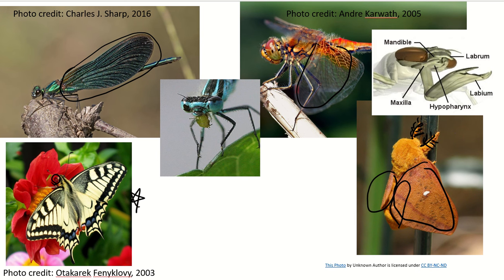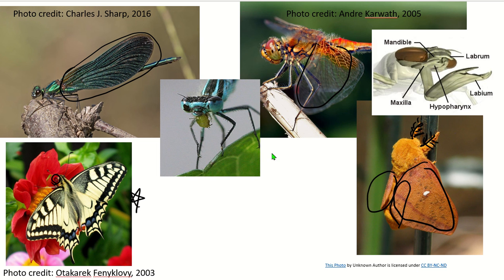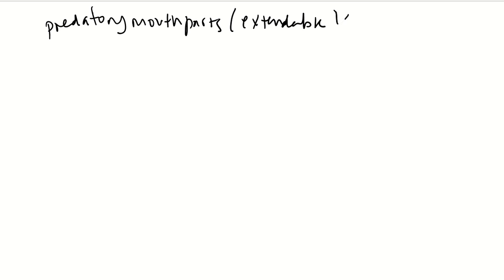So we might start using a flowchart here by breaking up these groups of insects. If I have some big feature I could use to break them up, I might use the mouth parts first and say predatory parts, extendable labium, present?